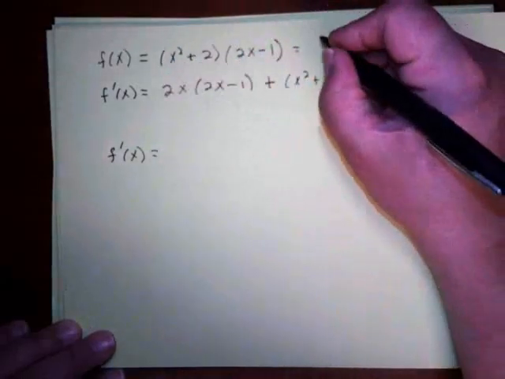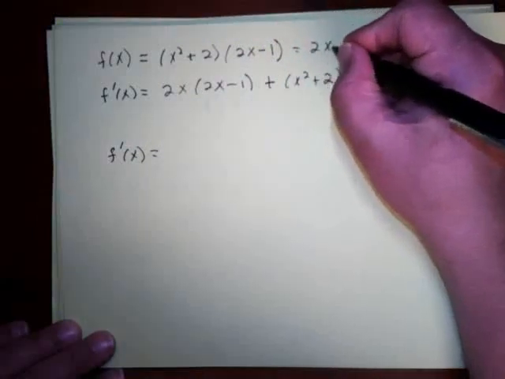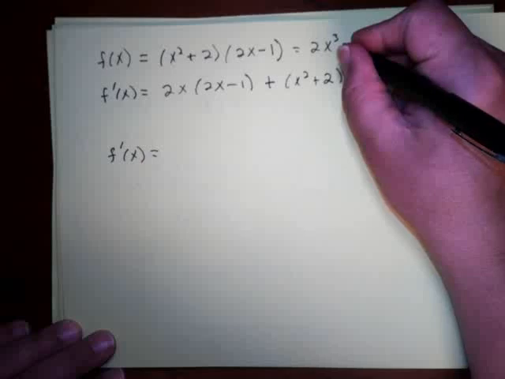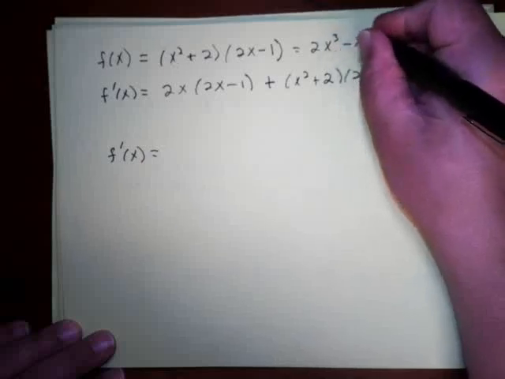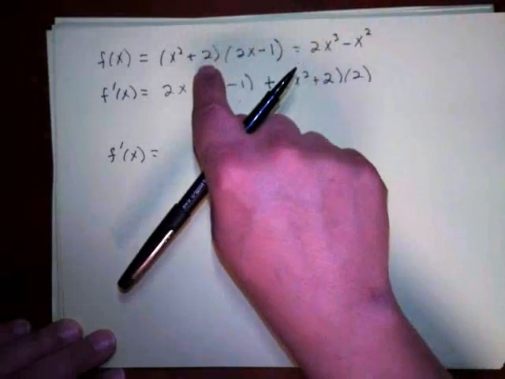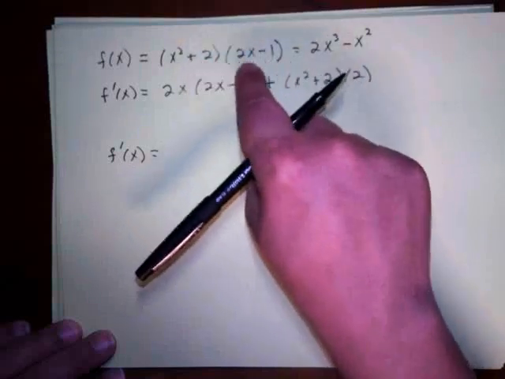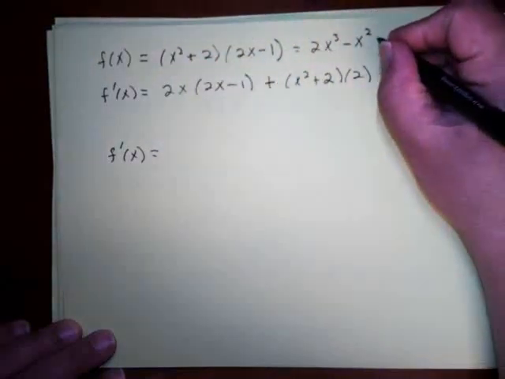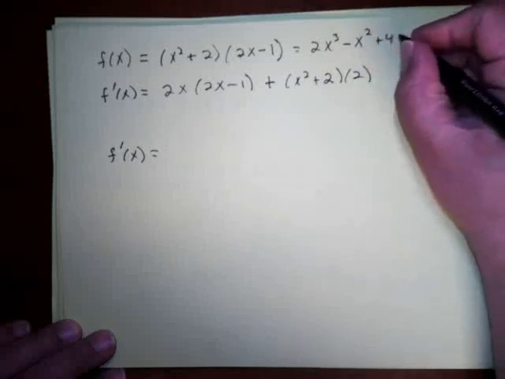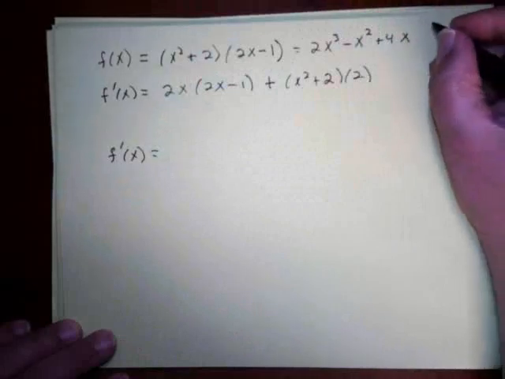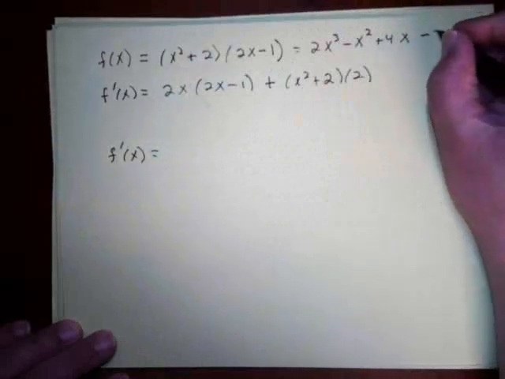So if I multiply those together, I get 2x cubed. And then multiply these together gives me negative x squared. And then multiply the inner two, that's the outer two, the inner two would be plus 4x. And then the last two would be negative 2.